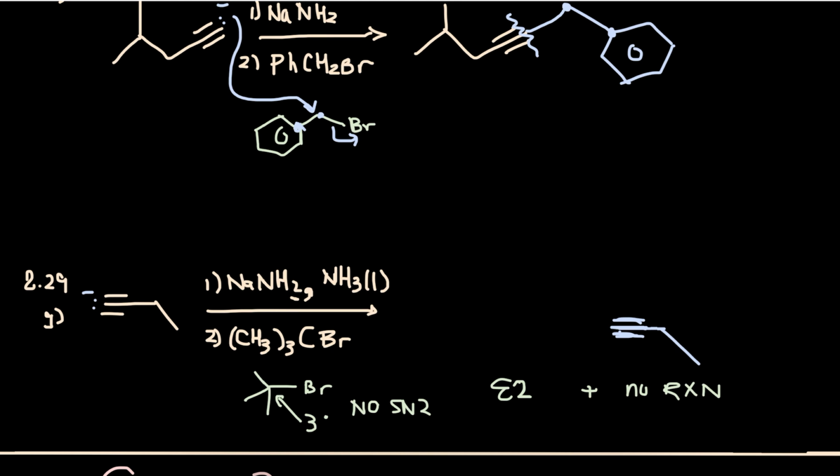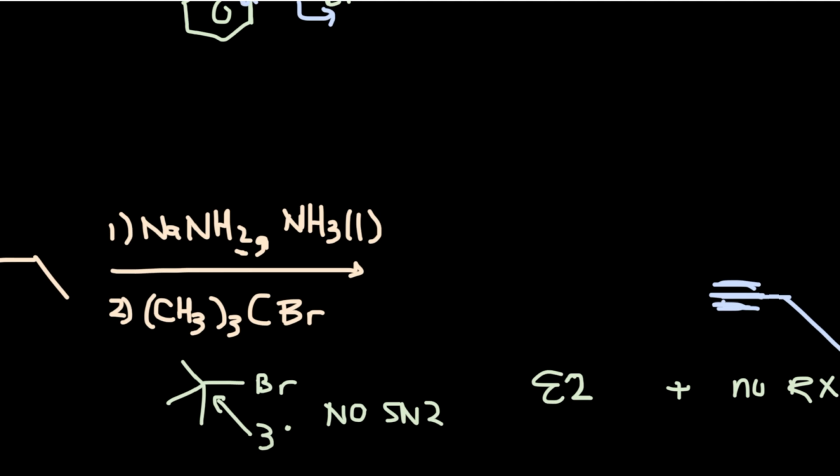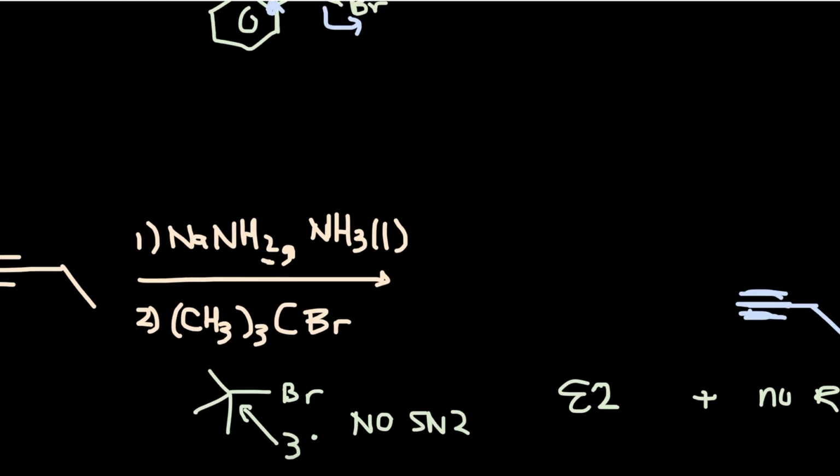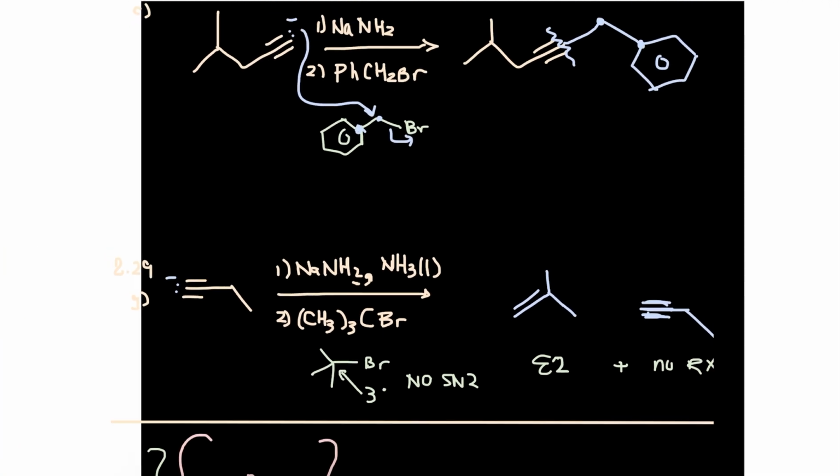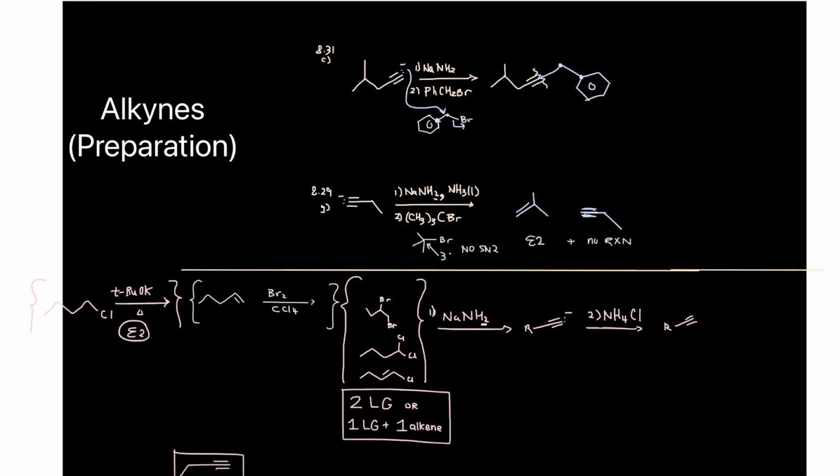So this is answer number 1, no reaction. And the second answer to add is, since this is tertiary, it's gonna favor elimination E2 instead of SN2 because it's way too hindered for SN2. So then for E2, you're gonna redraw this little bit, but then the leaving group is gonna actually leave. There's no more leaving group, and now you will replace the leaving group with an alkene. So that is how you do these problems.